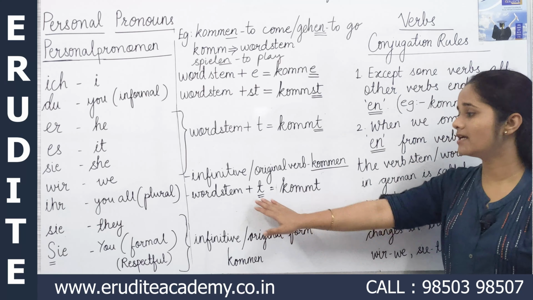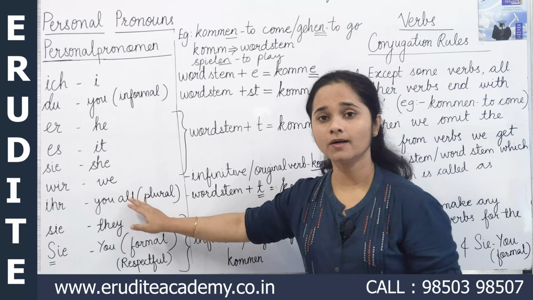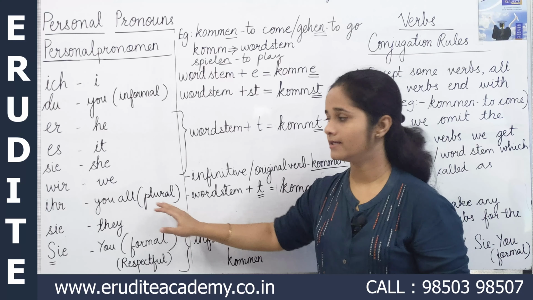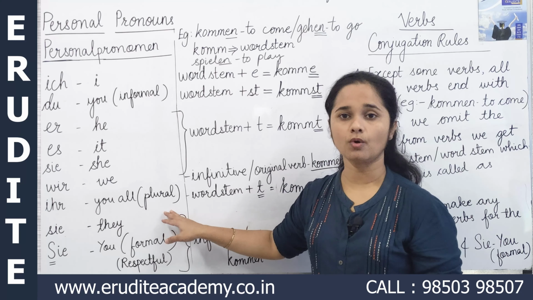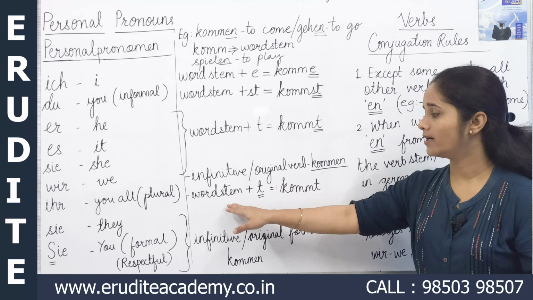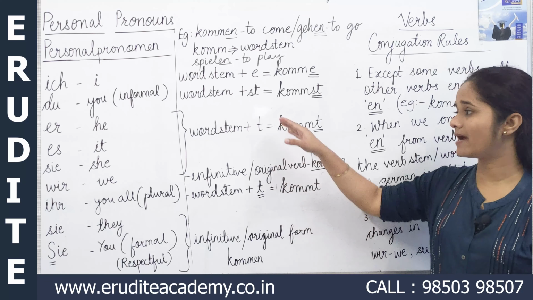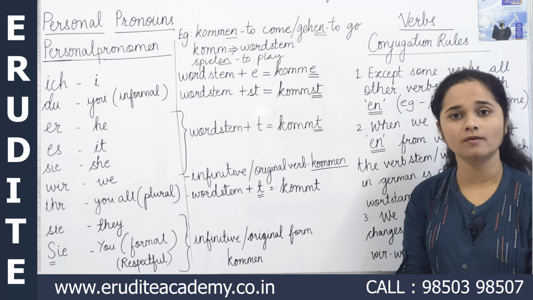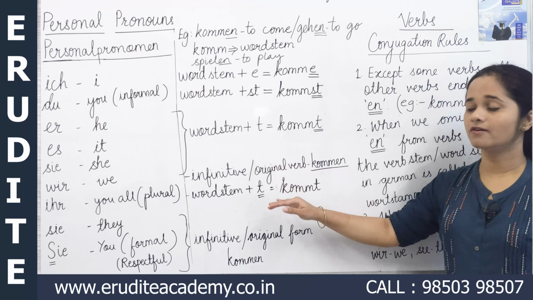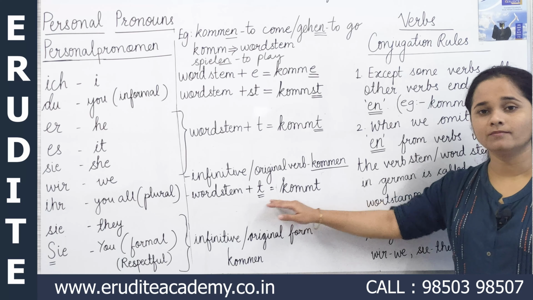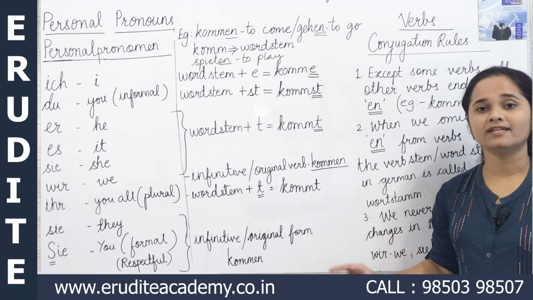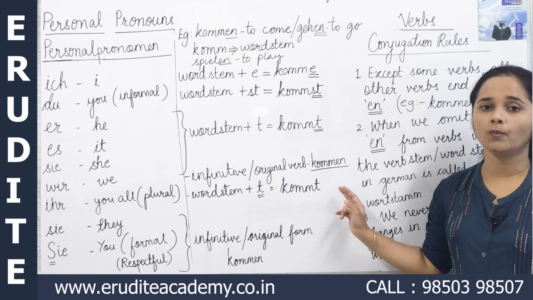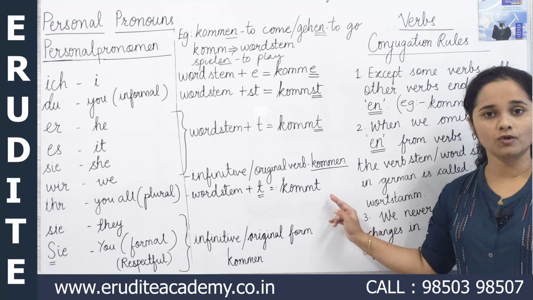Then we come to the ihr. Ihr means you all. And it is the word stem plus t, same as we have done for the er, sie, es forms. We are going to conjugate the ihr form in the same way, just putting the t at the end of the word stem or Wortstamm.